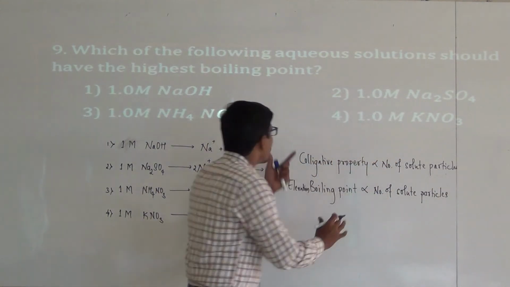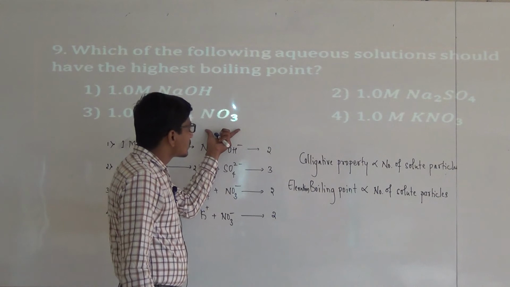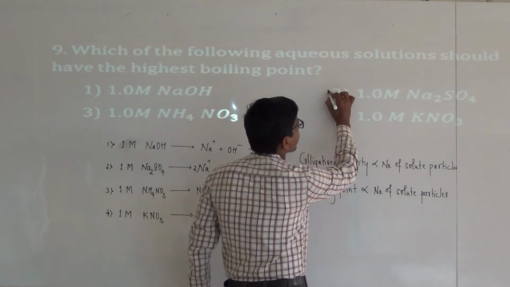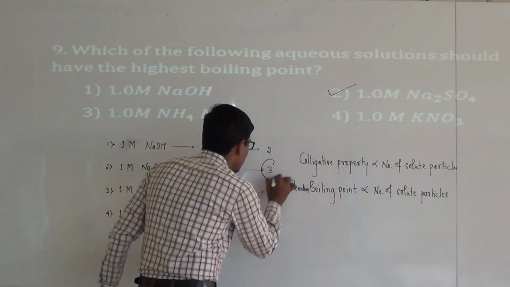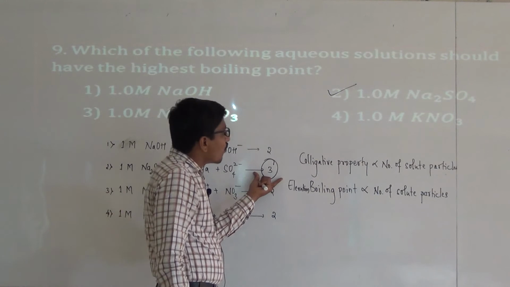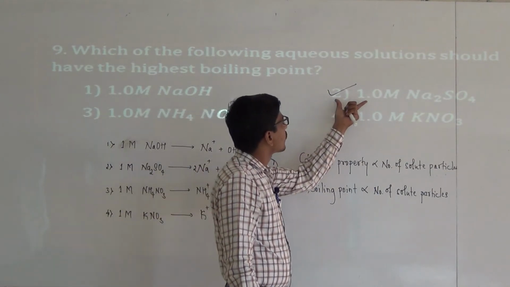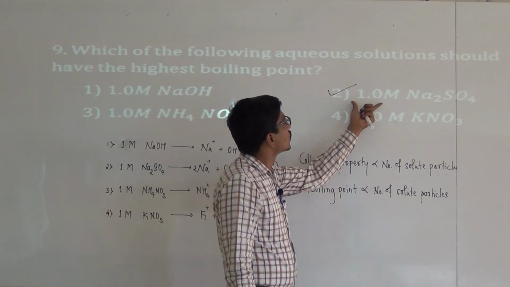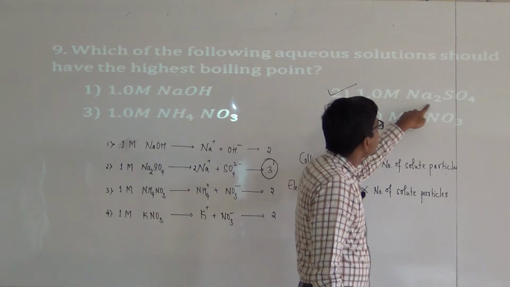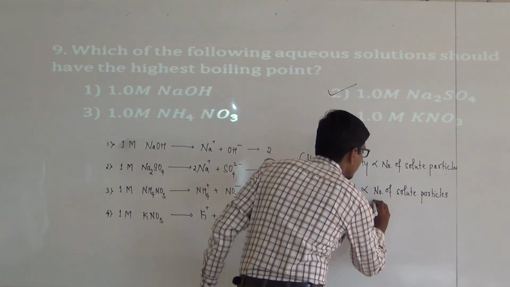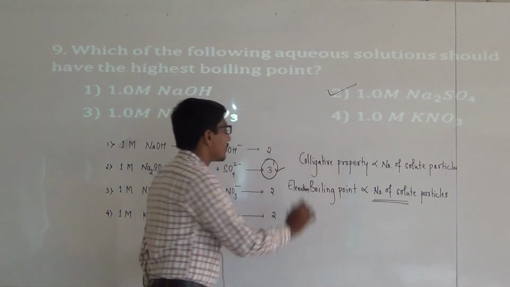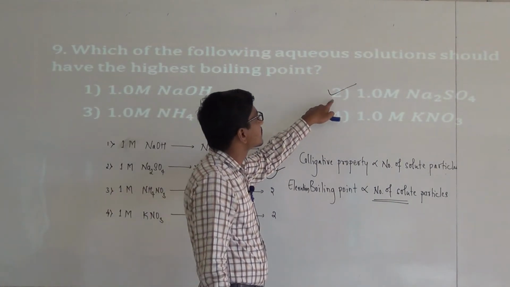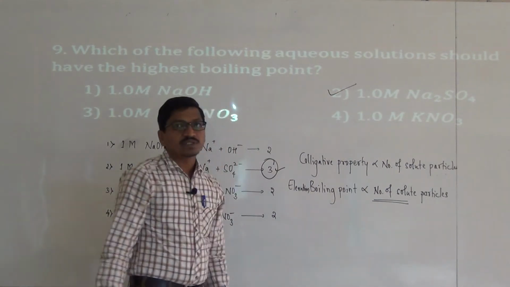Among all these solutes, the highest number of particles is present in sodium sulfate, which is 3, and the boiling point is maximum for this solution. The maximum boiling point is for the 1 molar sodium sulfate solution, because it contains the maximum number of particles, 3 particles, and the correct answer for this question is the second one, 1 m sodium sulfate.